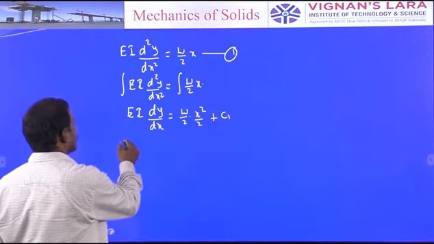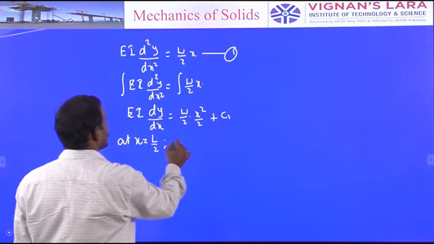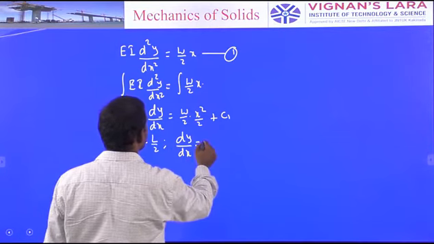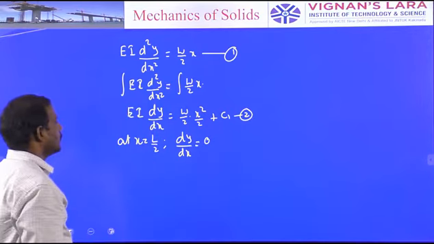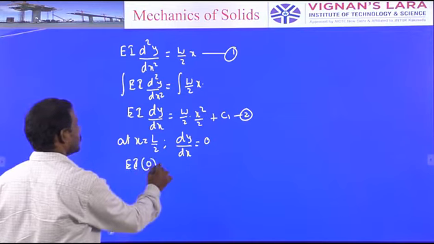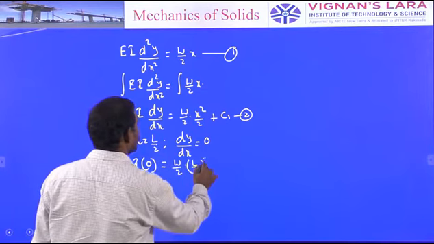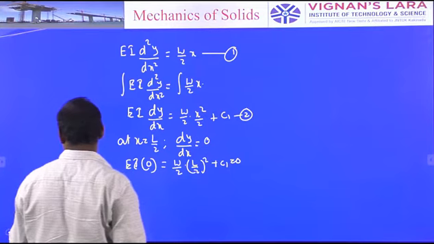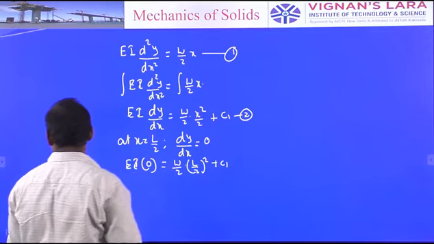Since at x equal to L by 2, dy by dx becomes 0, substituting this gives EI into 0 equal to W by 2 into L by 2 whole square plus C1.